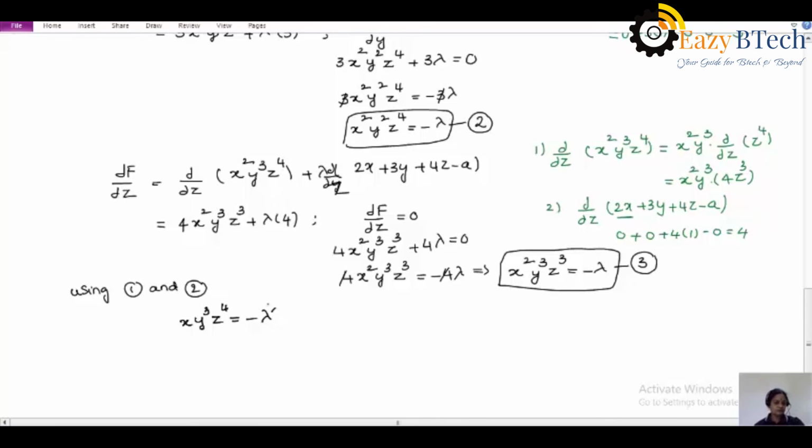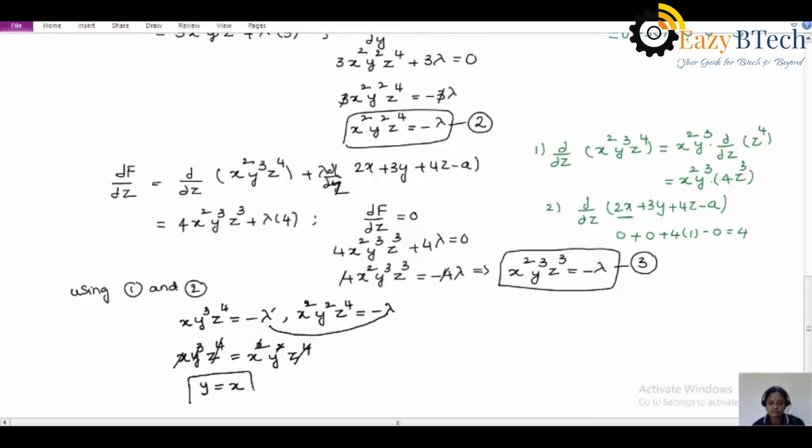And equation 2 is x²y²z⁴ = −λ. Here RHS values are equal, so equating LHS values also: xy³z⁴ = x²y²z⁴. z⁴ will be cancelled, one x will be cancelled, and one y will be cancelled. So finally you will get y = x.